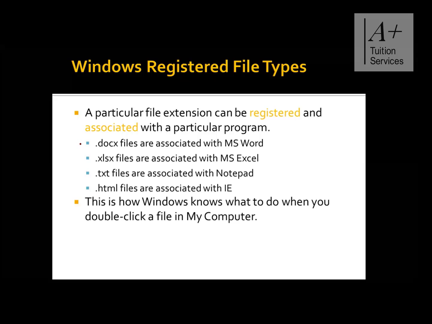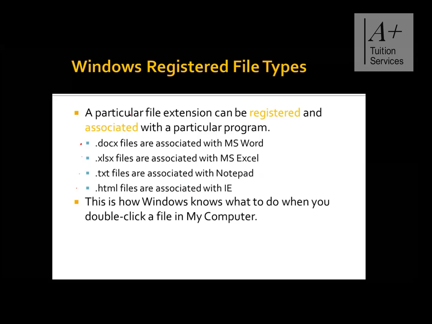If you save a Word file, you'll save it as a doc, and it's normally .docx. We have XLS files, which are associated with Microsoft Excel. We have text files, which are associated with Notepad. We have HTML files, which are associated with Internet Explorer, right?